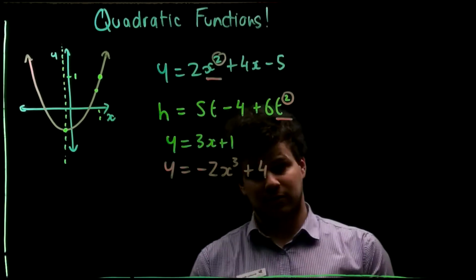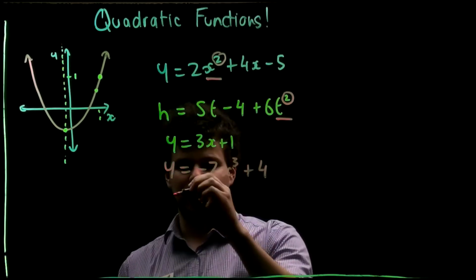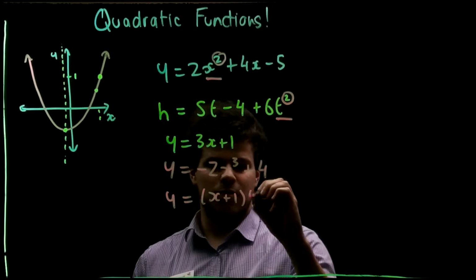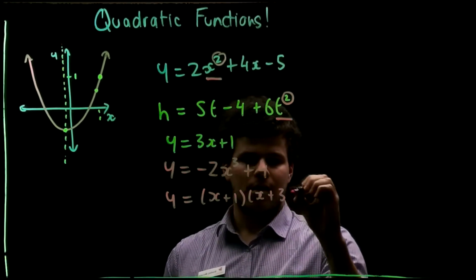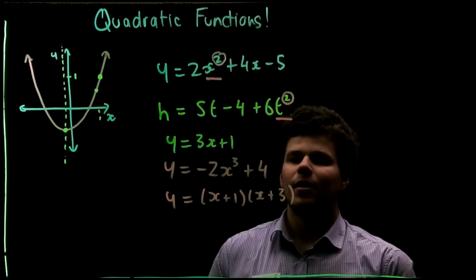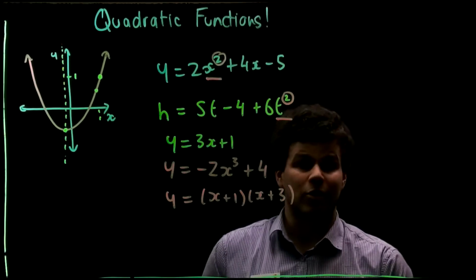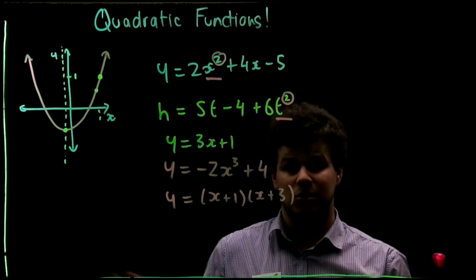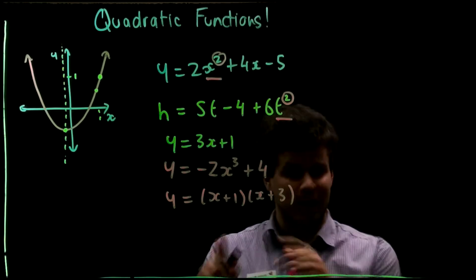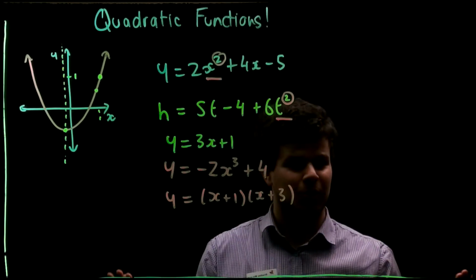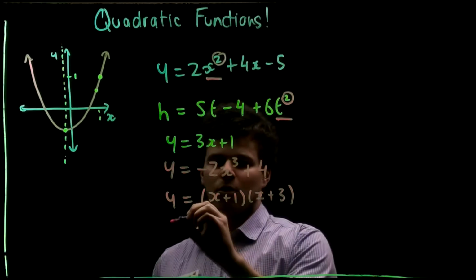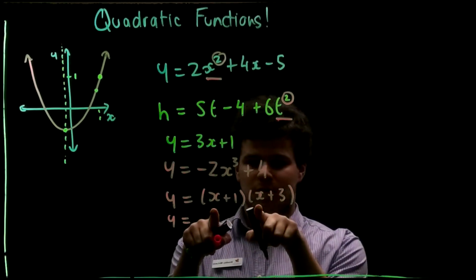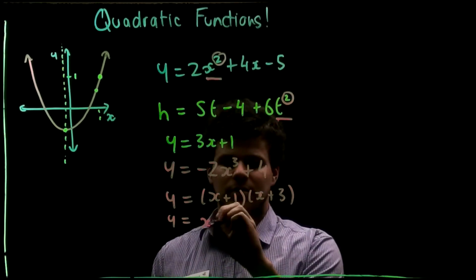Sometimes it can be hidden. So, for example, if we had something like y equals, let's go, (x plus 1)(x plus 3), okay? On face value, we don't actually have an x squared here, do we? So we might be inclined to think this isn't a quadratic. But in actual fact, if we expand these brackets, as I'm sure you'll remember from earlier this year, using FOIL, firsts: x times x, well, that's x squared.